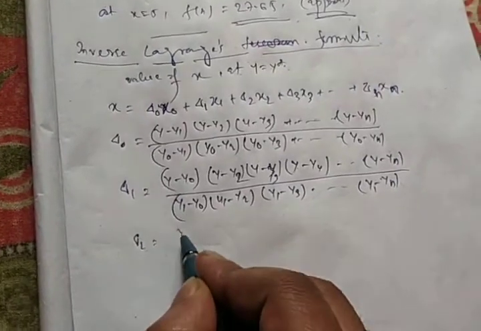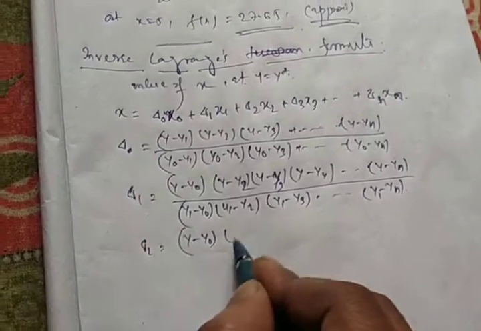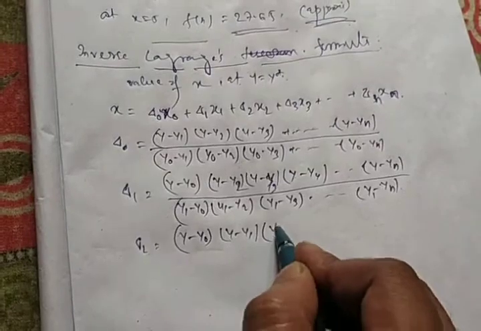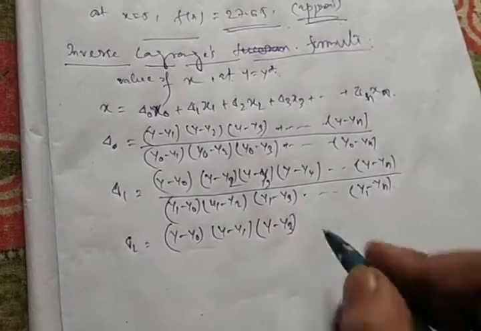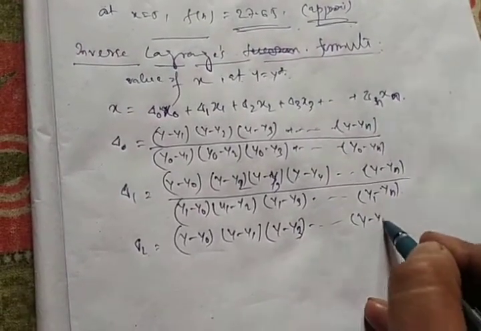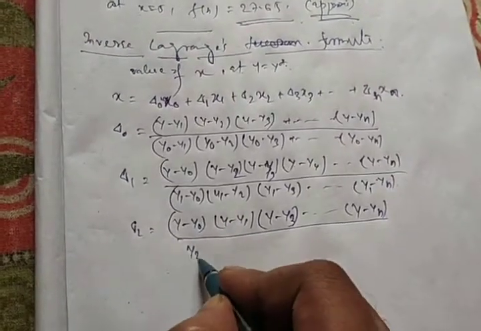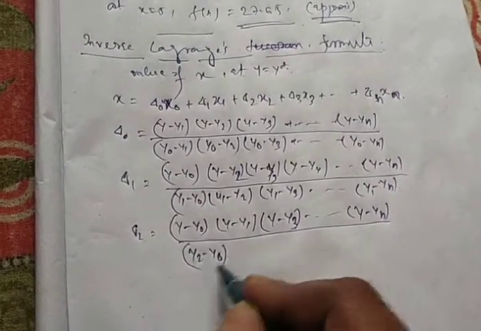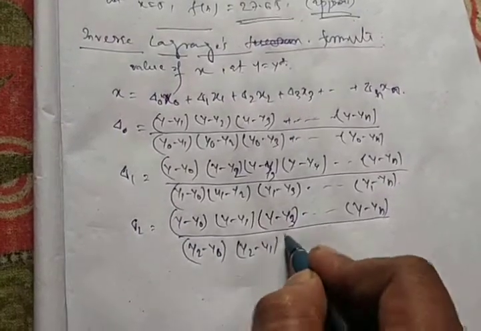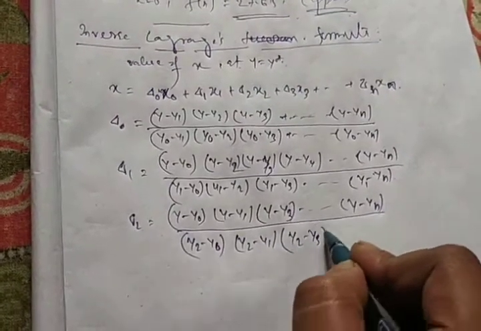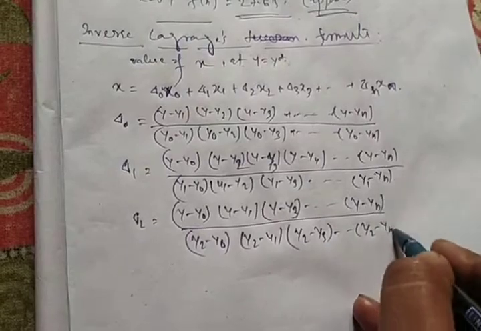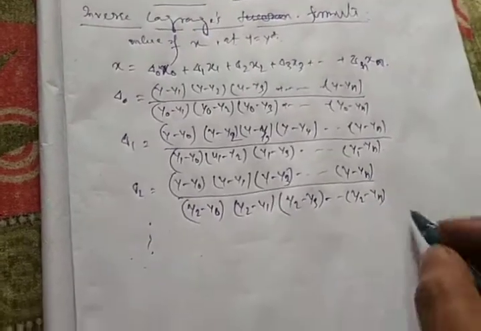Delta 2 will be y minus y0, y minus y1, y minus y3 up to y minus yn divided by y2 minus y0, y2 minus y1, y2 minus y3 up to y2 minus yn. Similarly, okay.